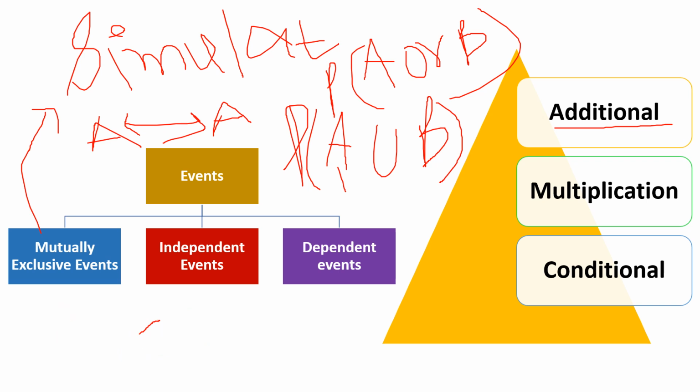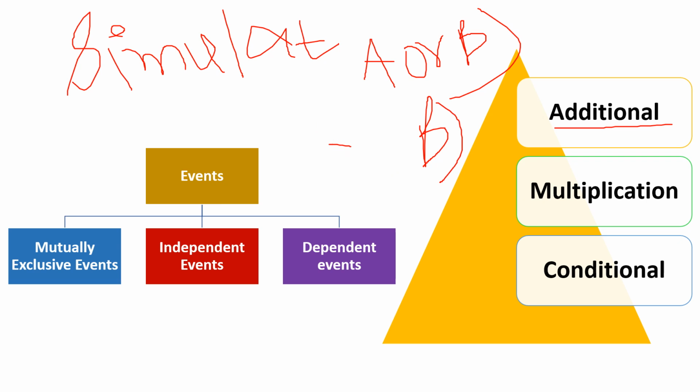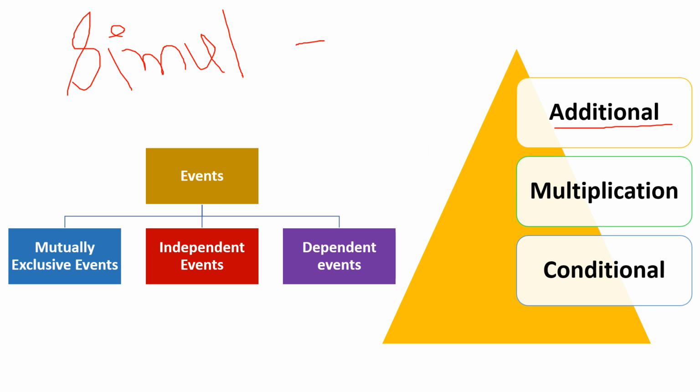Now we will see why we need the multiplication theorem when we already have the addition theorem. In the addition theorem we learned that either event A or event B can occur, and the two events cannot occur simultaneously.